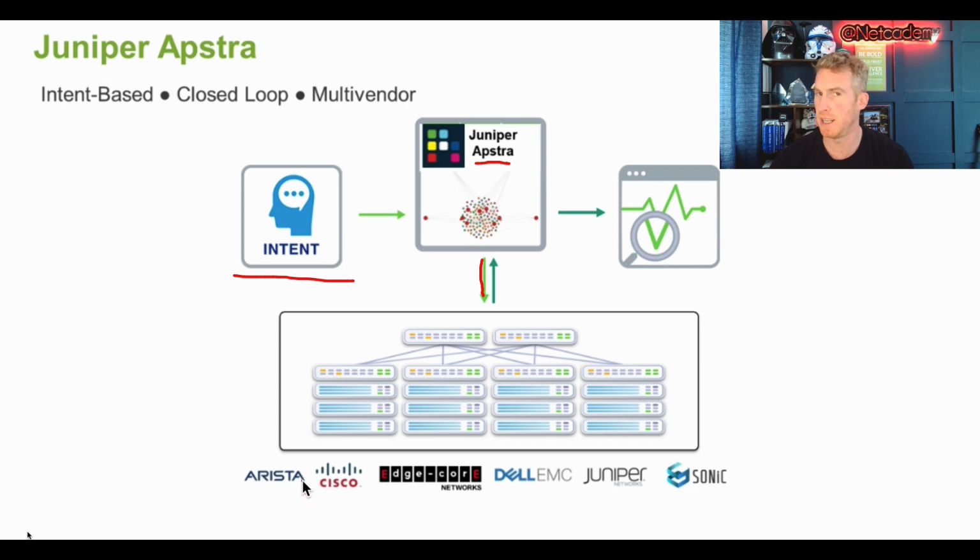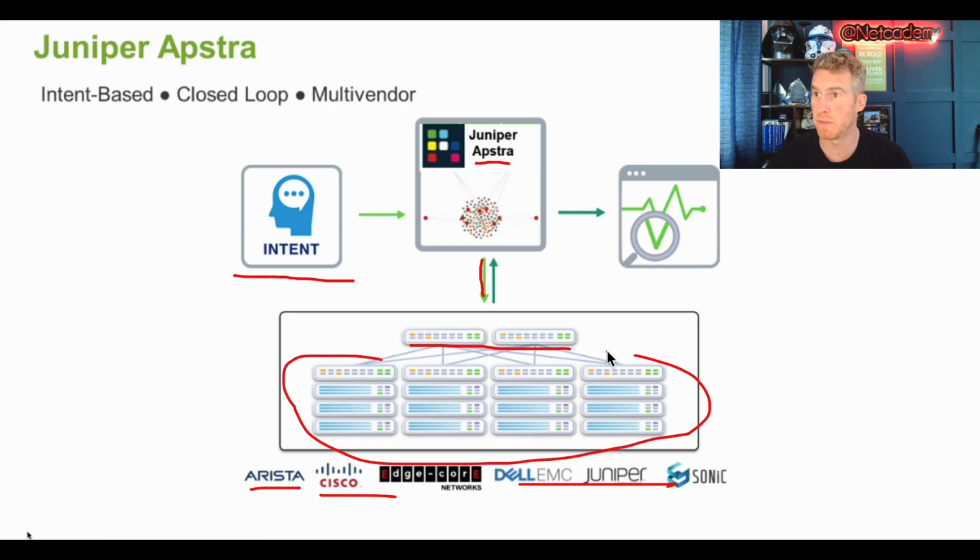Now, as you can see here, there's different vendor names. There's Arista, there's Cisco, there's Dell, there's Juniper, Sonic. Apstra is a multi-vendor solution that is extremely unique. I've said that before. But coming back to the intent, regardless whether the spine switches be Cisco and the leaf devices be Juniper leaf devices, Apstra can work with it all.